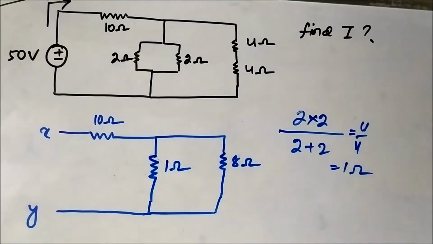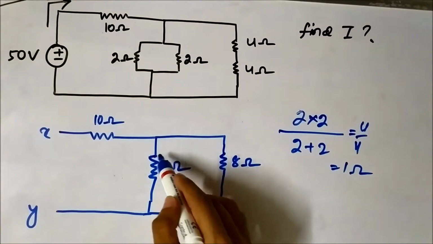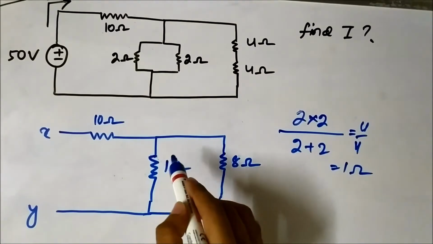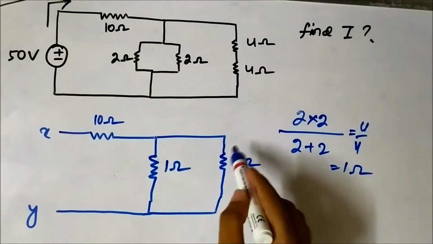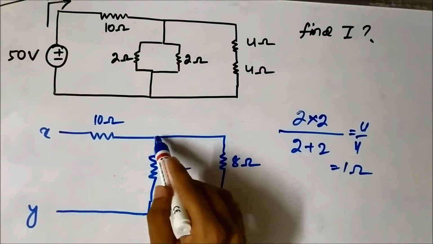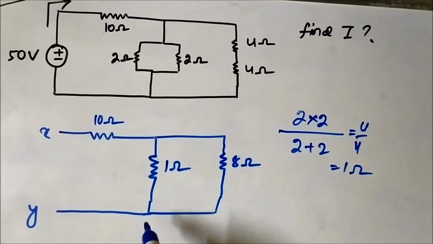Now look at the 1 ohm and 8 ohm resistors. The top ends of both the 1 ohm and 8 ohm are connected at one common point, and the bottom ends are also connected at a common point.